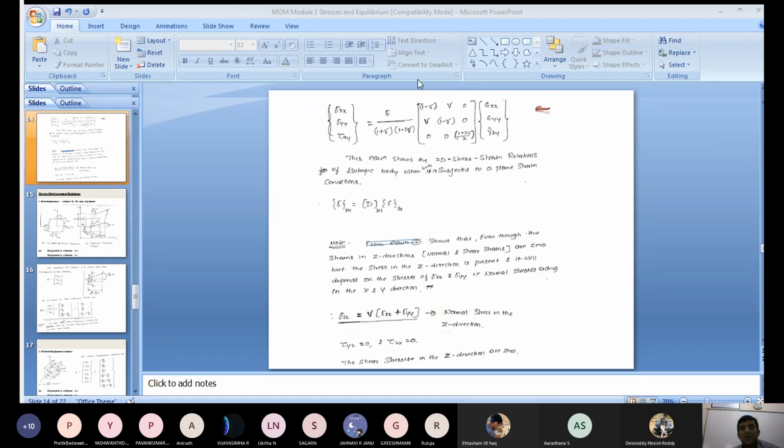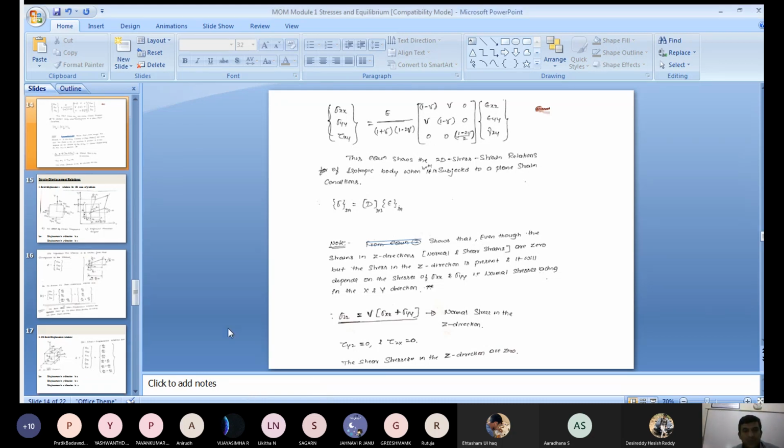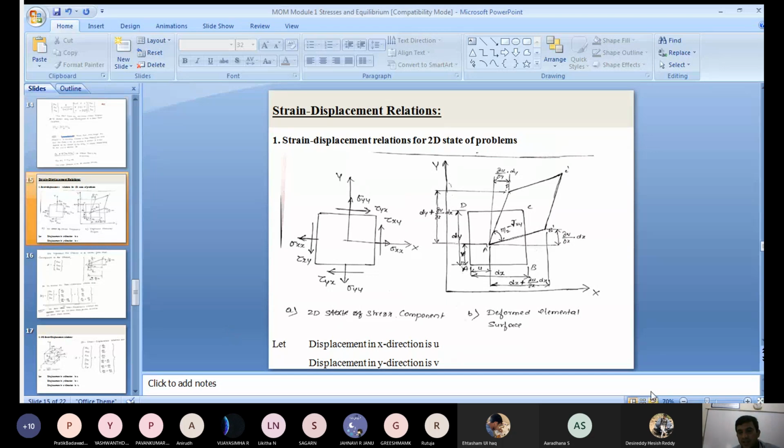Just substitute the values of 0, then you will get this. After this, if the strain in the z direction is 0, what about the stress in the z direction? In the thickness direction, a normal stress exists, which is the summation of the normal stresses produced in the x and y axes. The shear stresses in the z direction are 0. Up to this we discussed in the last class.